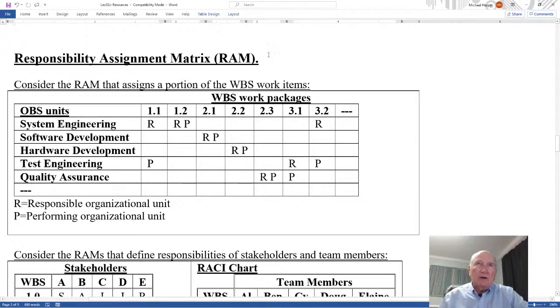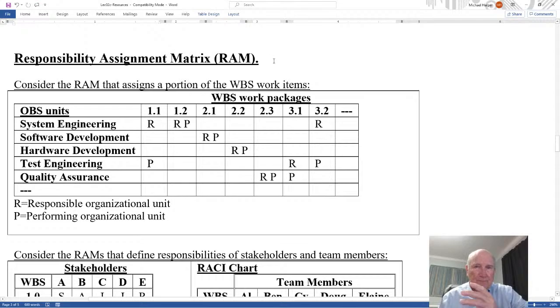Then we go into the RAM models. The RAM matrices are all different versions of RAM. RAM is the responsibility assignment matrix. It says where the actual responsibility is assigned, and it can be at a large level, a medium level, and a detailed level.